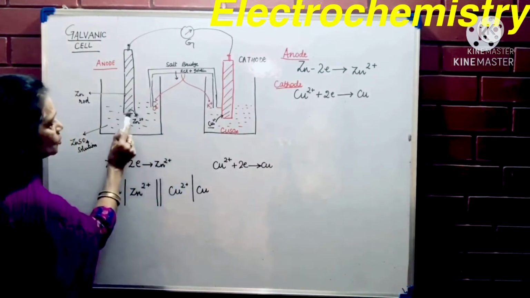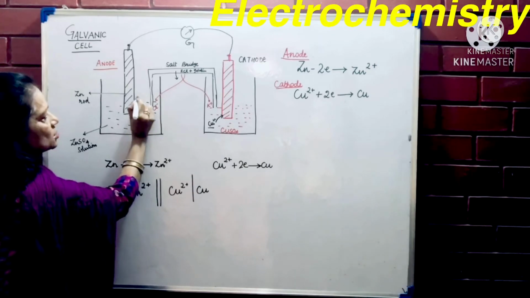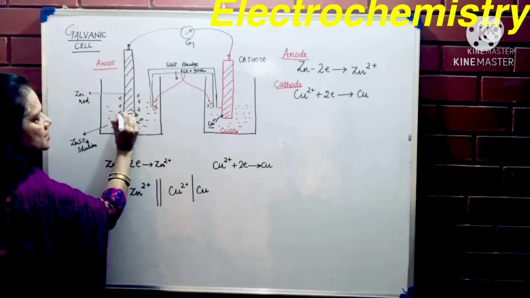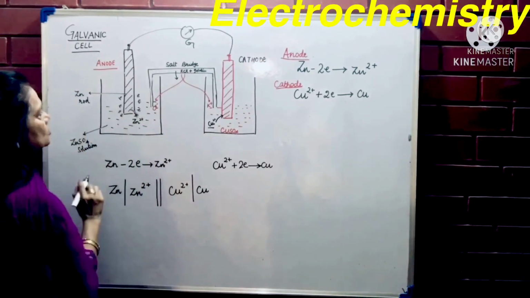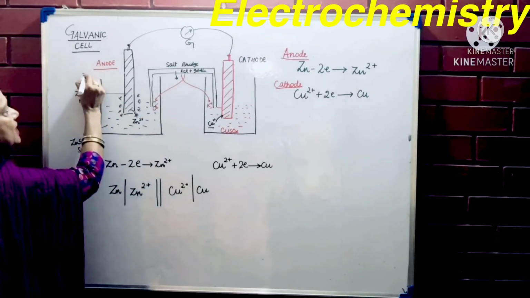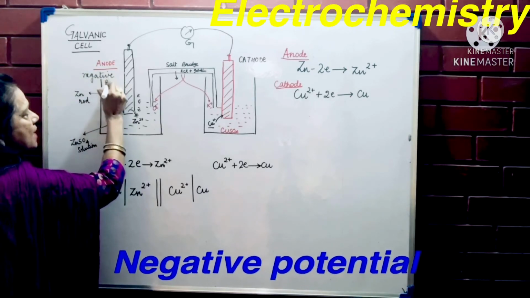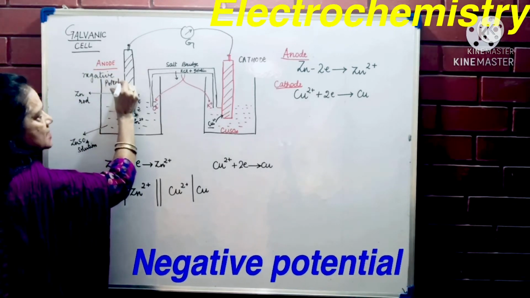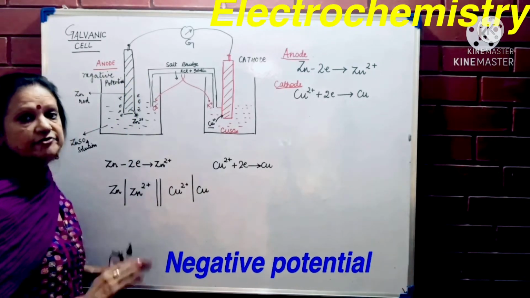While it is losing weight, zinc ions are being produced and there is an accumulation of electrons on this rod. Since there is an accumulation of electrons on this rod, it comes to a negative potential. Although it is acting as an anode, the anode in this case is at negative potential.